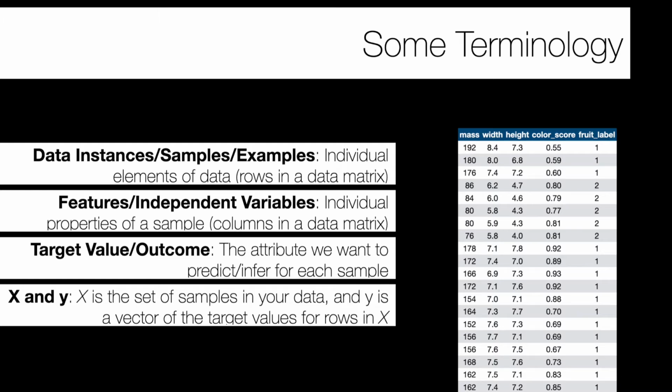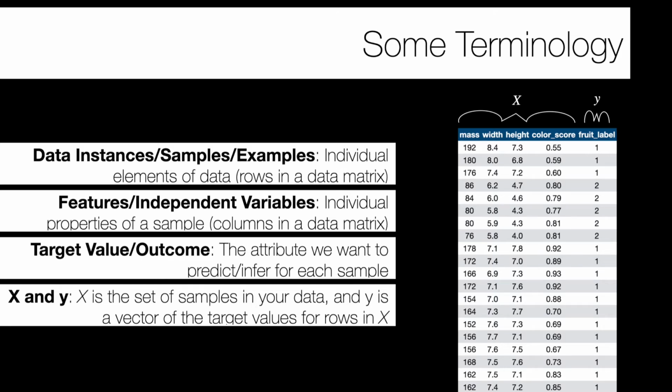Oftentimes this is talked about in mathematical terms as an X matrix and Y vector, where X is the set of samples in your data and all of their associated features, and Y is the target vector that contains the labels that you're trying to predict for each one of the rows in your matrix. So here in this matrix on the right, these first four columns and all of their associated rows generally are referred to as the X matrix.